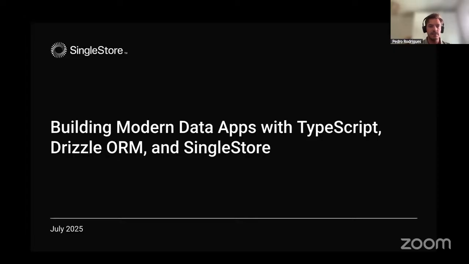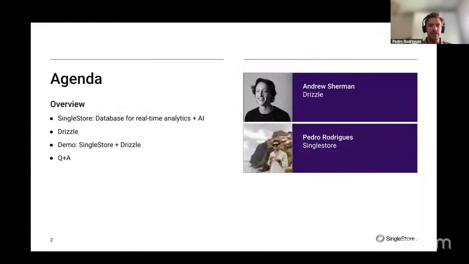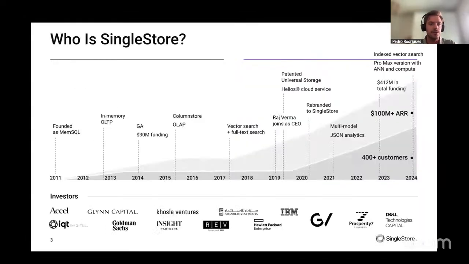But I'll start by presenting SingleStore. If you can navigate to the third slide, please. One more. Yeah, perfect. SingleStore is a distributed database that started in 2011 as MemSQL. We started as an in-memory database, mainly for analytical purposes.